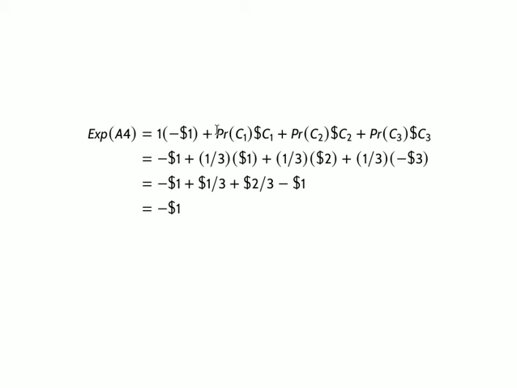Okay, so these are the three outcomes. But in the case where we're assuming this gamble will cost $1 to play, what we do is we add another outcome. And this outcome is kind of trivial in the sense that there's a 100% chance that it will happen. And it's a 100% chance that you'll lose $1. And that's because you're paying $1 to play it.